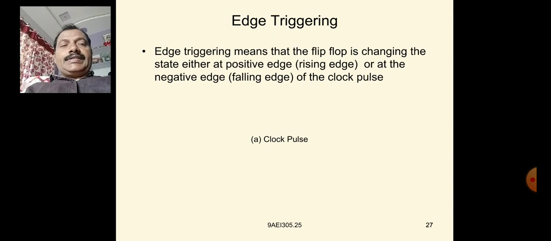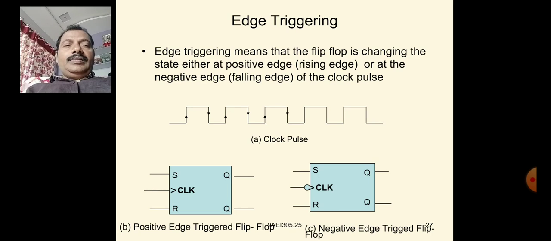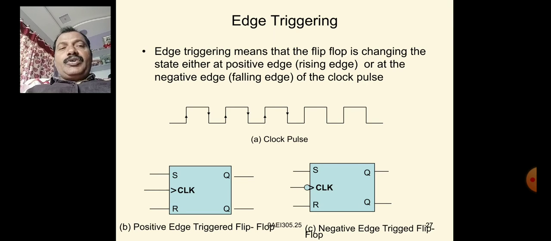Let us consider edge triggering. There are two types of edge triggering mechanisms. Edge triggering means that the flip-flop changes state either at the positive edge, the rising edge, or at the negative edge, the falling edge of the clock pulse.